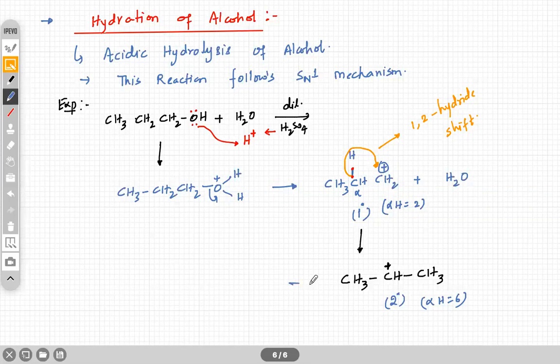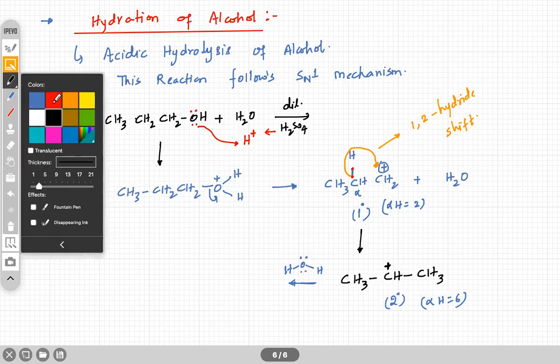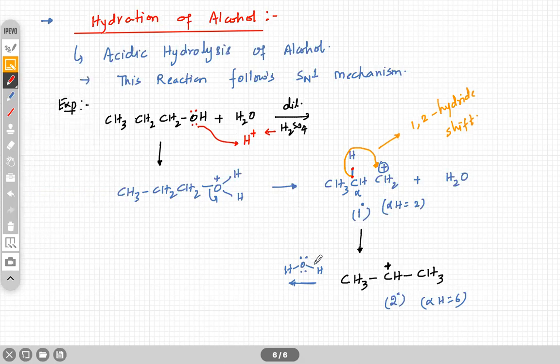Got it? So this is the most stable carbocation we have. Then we have the attack of a nucleophile, and the nucleophile is water here. The water molecule behaves as the attacking particle. This is a lone pair, and this lone pair attacks this carbon atom.